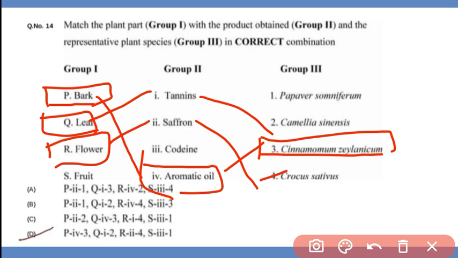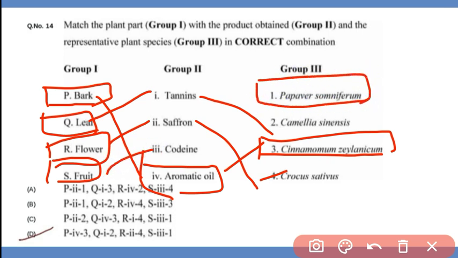The opium poppy is known as afim in Hindi, and afu in Marathi. So the fruit of opium poppy, Papaver somniferum, is a source of codeine. So this is a combination, and for this combination the option 4th is the answer.